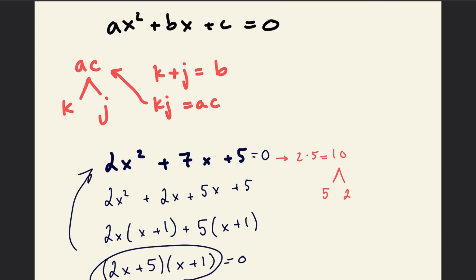So let's do a second example. 6x squared plus 37x plus 6. Let's just factorize this. We know that 6 times 6 is equal to 36. Now we have to find two factors that multiply to give 36 but add to give 37. In this case, it's quite simple. It's just 36 times 1, right? 36 times 1 gives you 36, and 36 plus 1 gives you 37.